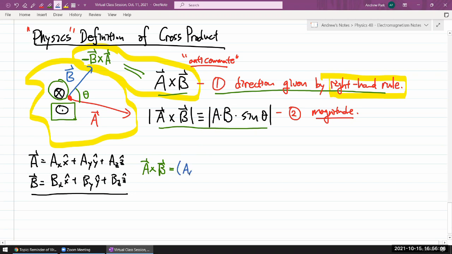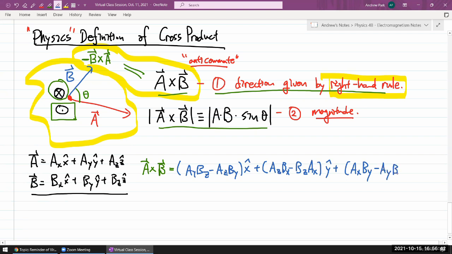It's going to be equal to AY BZ minus AZ BY x hat plus AZ BX minus BZ AX y hat plus AX BY minus AY BX z hat.